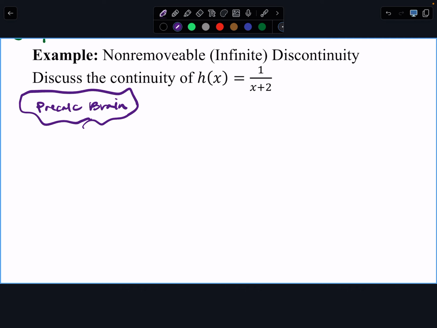So putting our pre-calc brain on, if I presented you with this function and I started asking you to identify characteristics about this function from a pre-calc or an algebra perspective, do you have a question? No, observation. Okay, hold the thought.